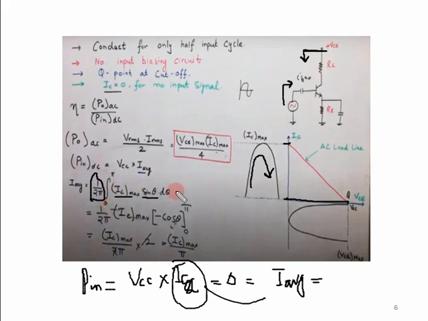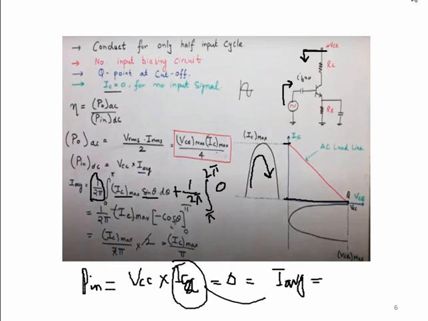I can also write plus 1 by 2 pi for the next half cycle, which is from pi to 2 pi. This will be a value of 0, because there is no conduction for the other half cycle.